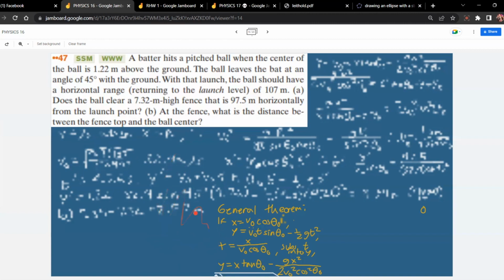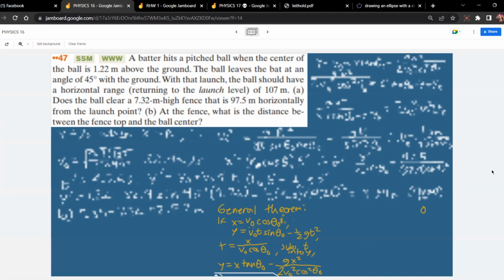So, tangent theta, and then V0 square is equal to GR over 2 tangent theta cosine squared theta.